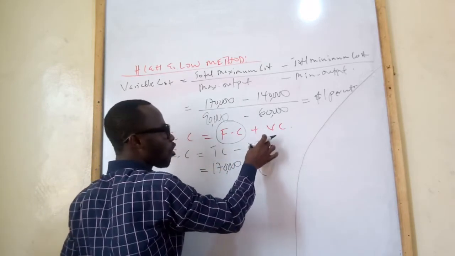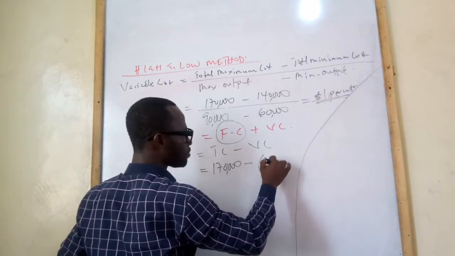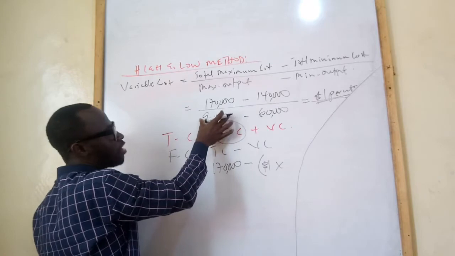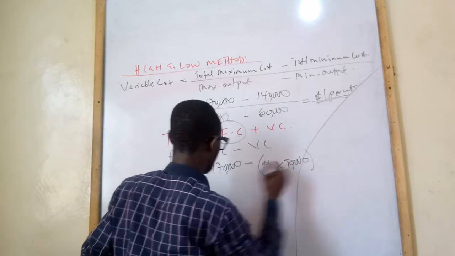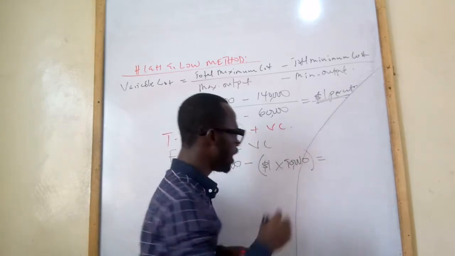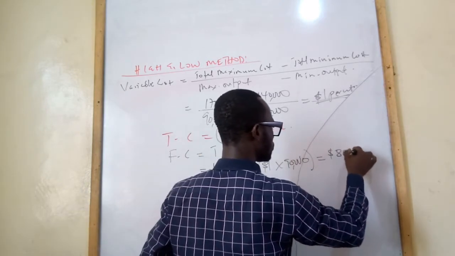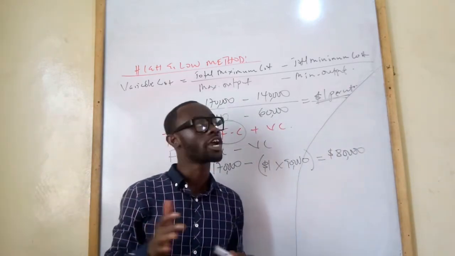Our total cost there, for the maximum, is 170,000 minus variable cost at the maximum. Our variable cost per unit is $1, okay, times the output level at maximum, 90,000. So when we do that arithmetic, the fixed cost is going to give us $80,000.